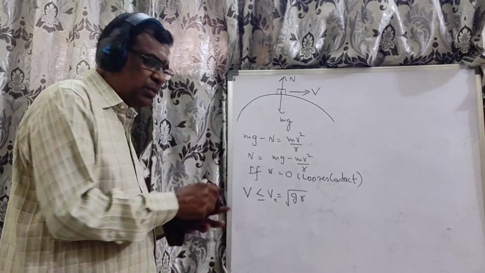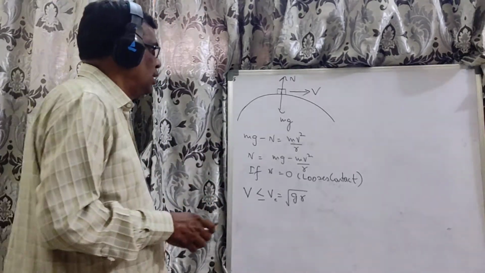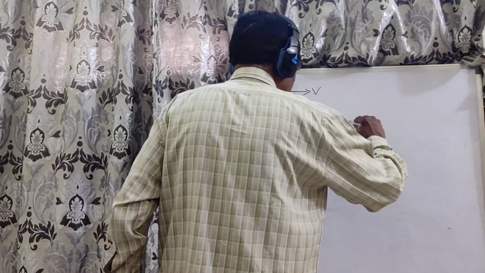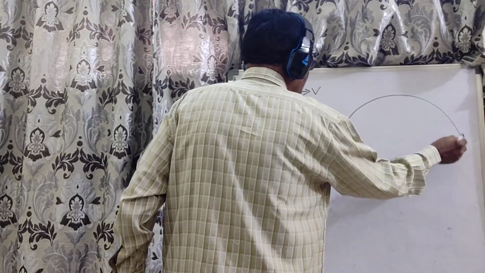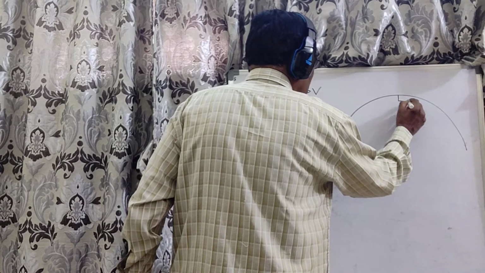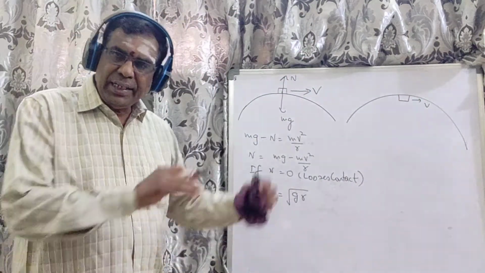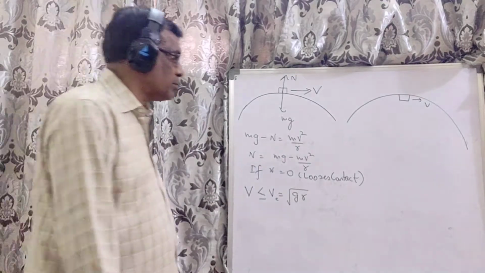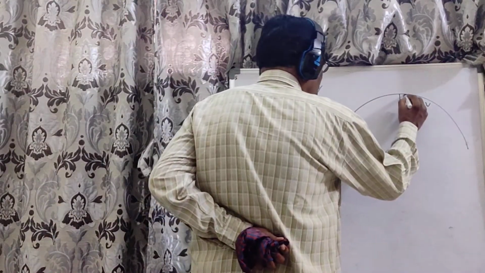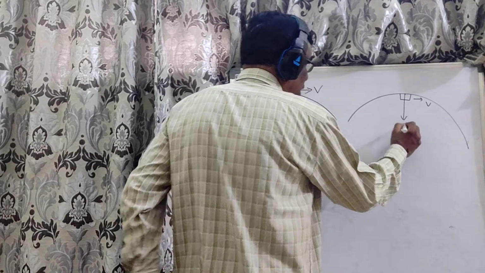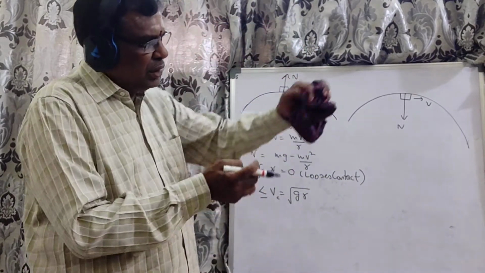This is a ticklish problem, and now I take the inside. Suppose a body is going with V and it is not falling off. This is down. Now be careful. This is the curvature.